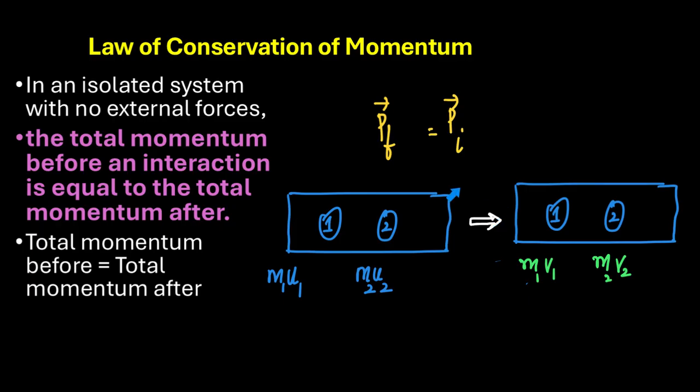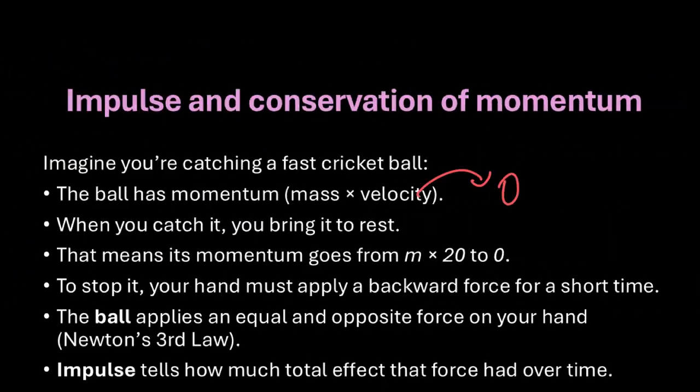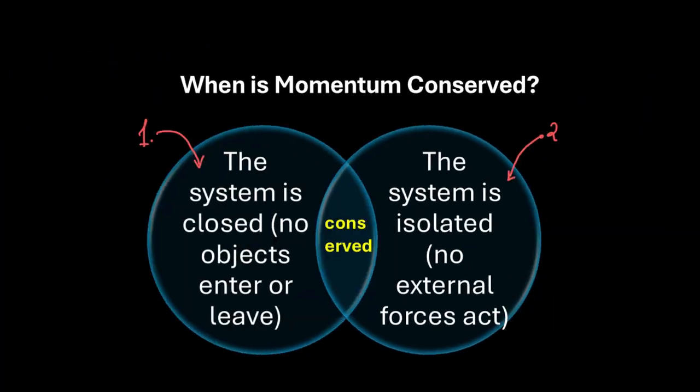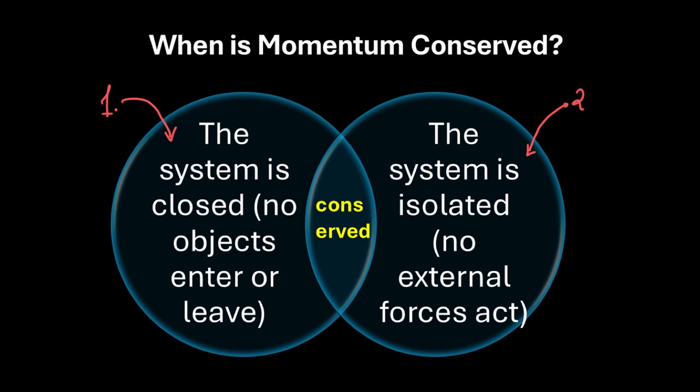So this is the system, the one with the boundary here, and the mass is present inside it. Now, there are two conditions which need to be satisfied. One, the system is closed, and the second, the system is isolated. No external forces act on it.